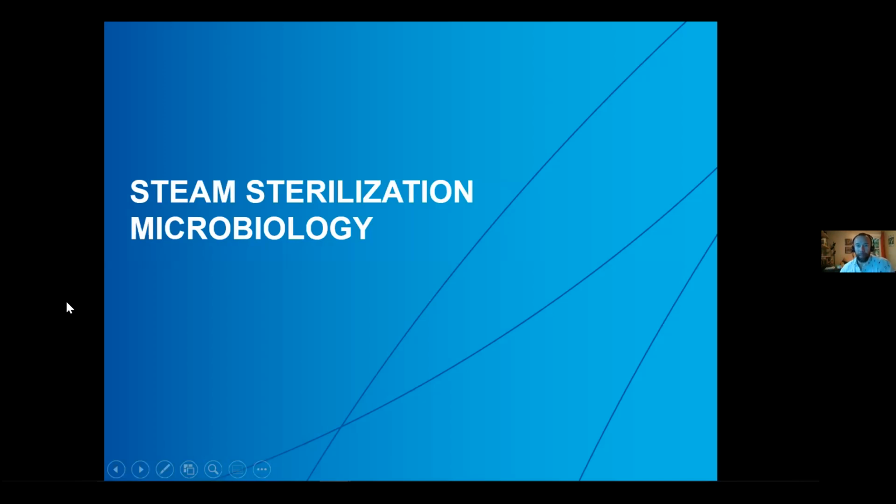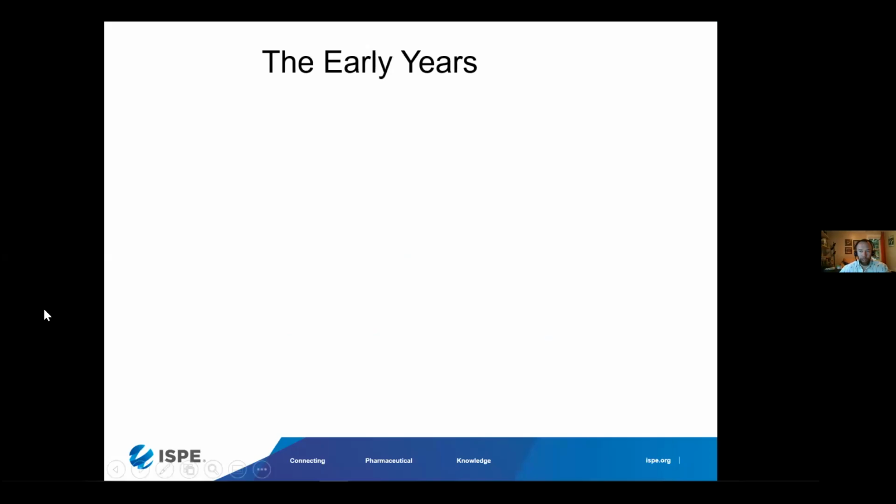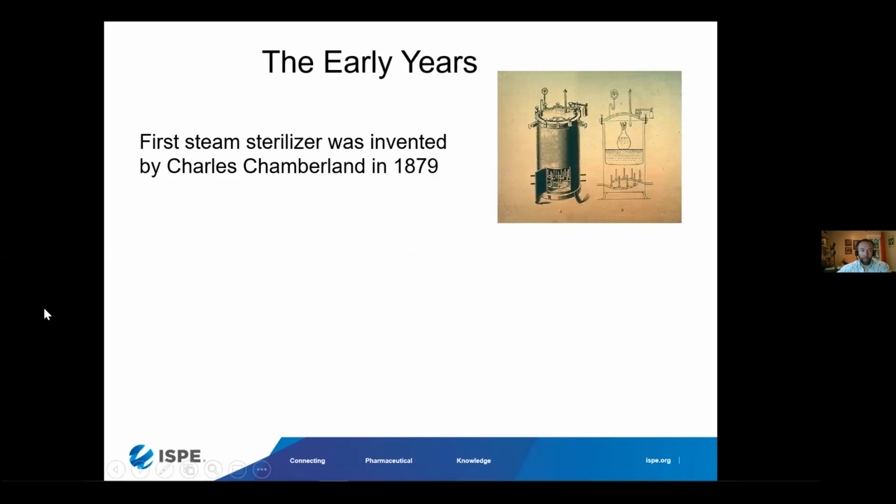That being said, as promised, we'll start with steam sterilization microbiology. A little history lesson here, just to put things in perspective. The first steam sterilizer, the first autoclave, was invented by a gentleman named Charles Chamberland in 1879. And here's a drawing of that autoclave 140 years ago.